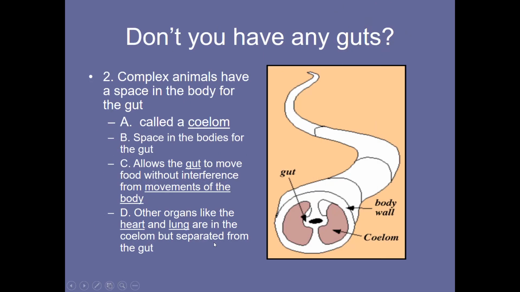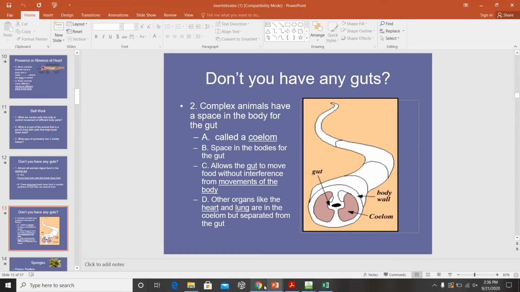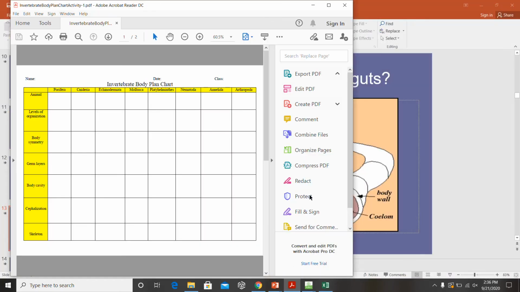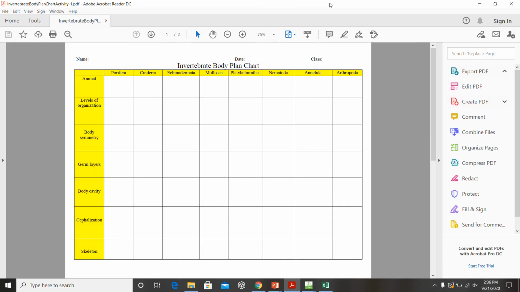There are different levels of tissues and such that you're going to be responsible for looking up to fill in this sheet. So if I can find my piece of paper. Okay.